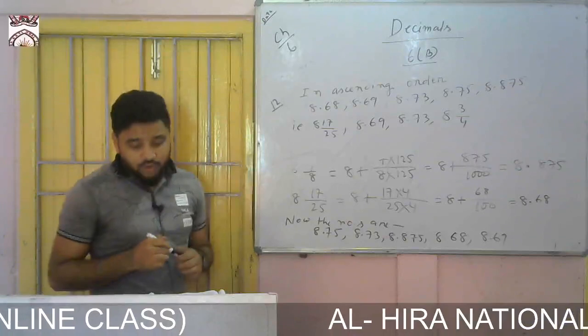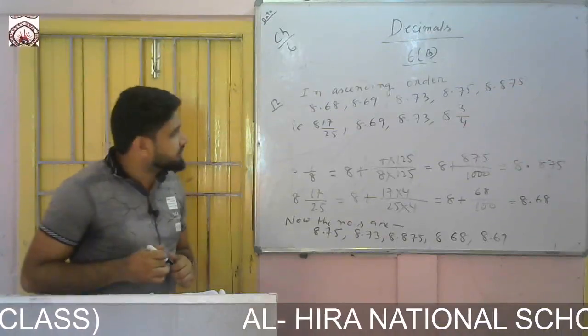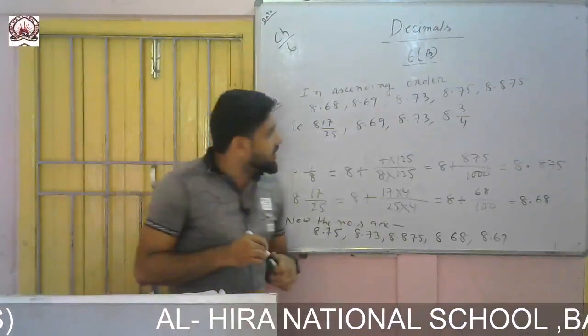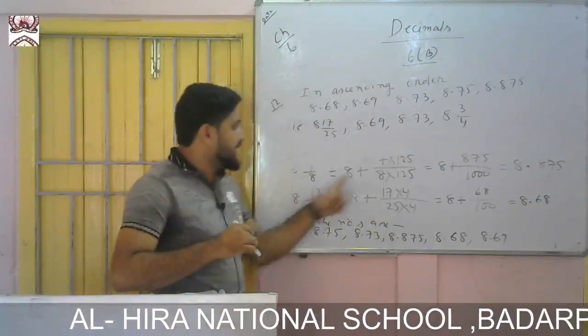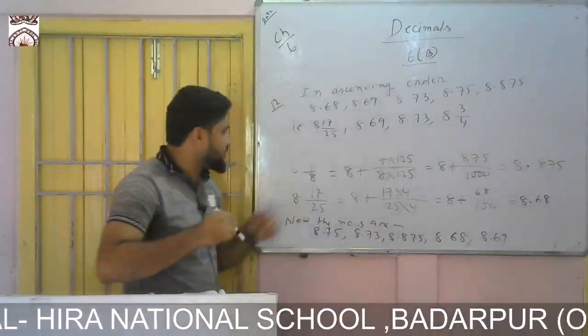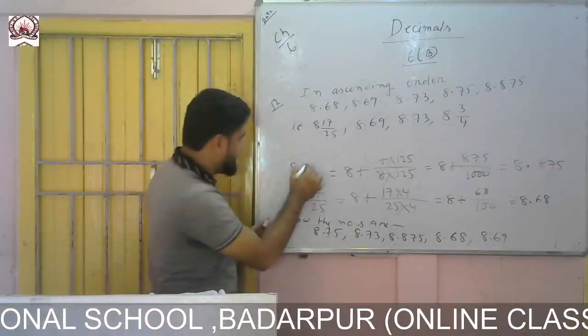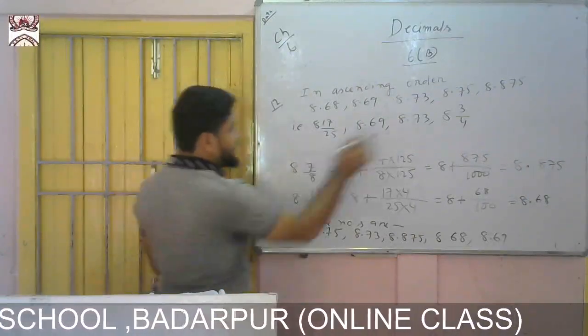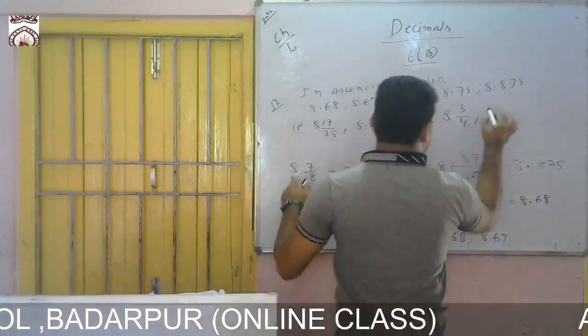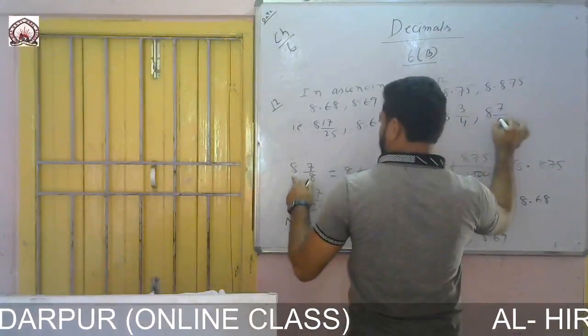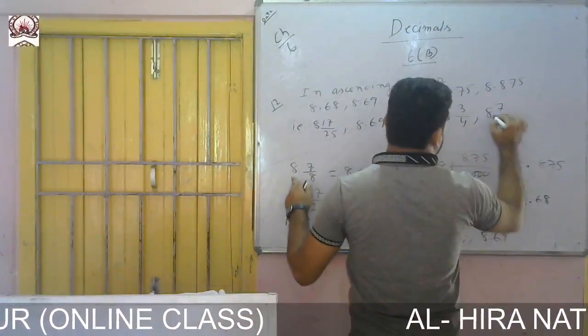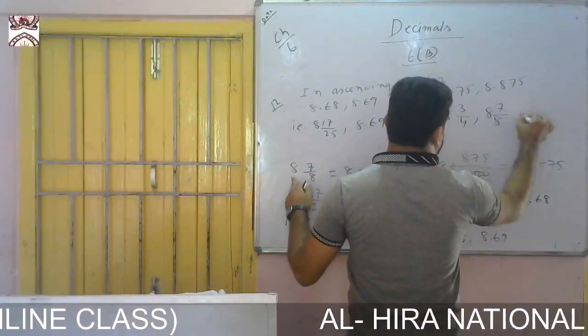Then after that 8.875, this fraction which was 8 7 by 8 earlier.